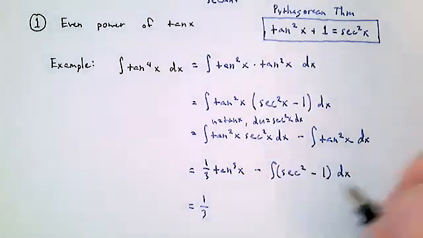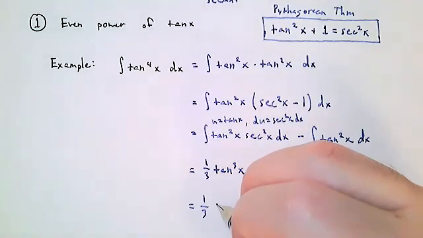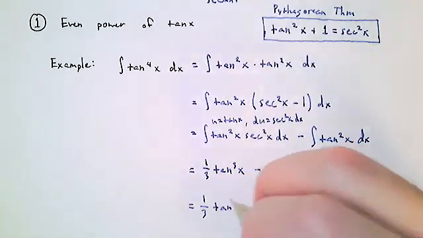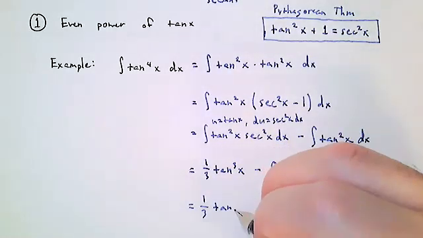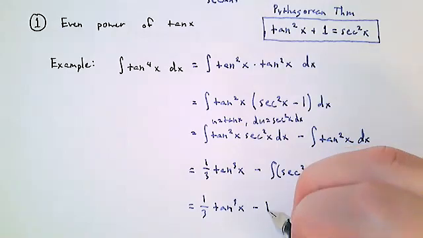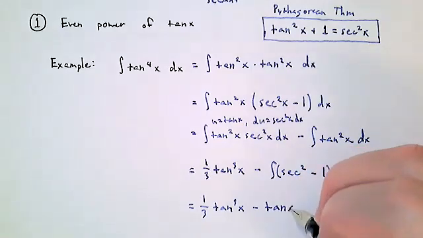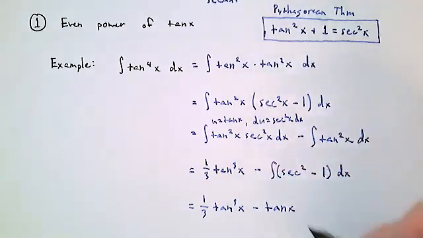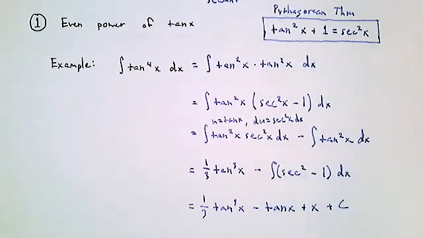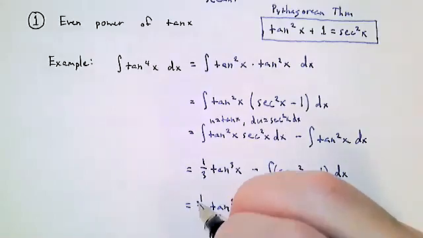And now we can finish it off because we know the integral of secant squared is tangent, and an integral for 1 would just be x. So we get a minus tangent, and then there's 2 minus signs, so we get a plus x plus a constant.